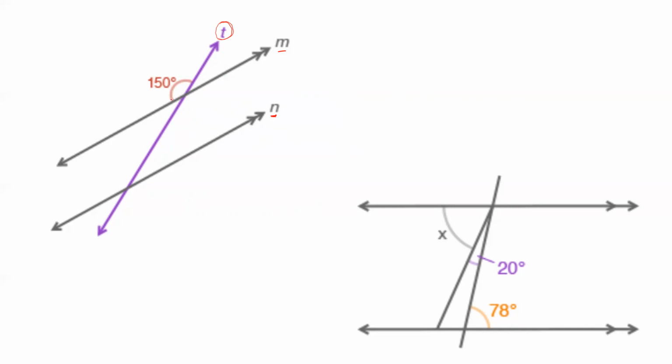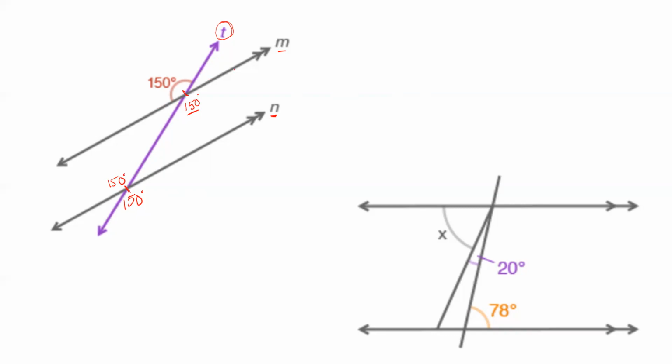So angle 150, big obtuse angle, right? It's vertical to this big obtuse angle. So vertical angles are congruent. What is the corresponding angle to this big obtuse angle? It's in the same position on the other parallel line, so that means it's right here. 150 is vertical from this angle. And then how do we get the other four angles?